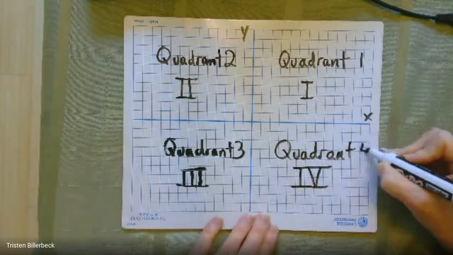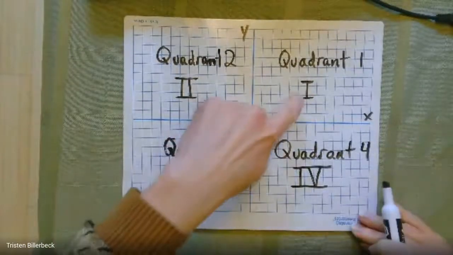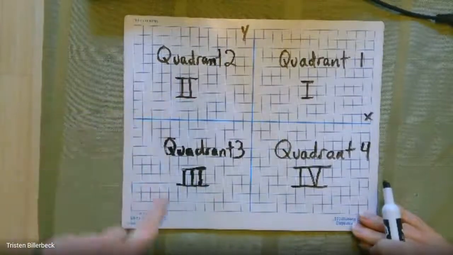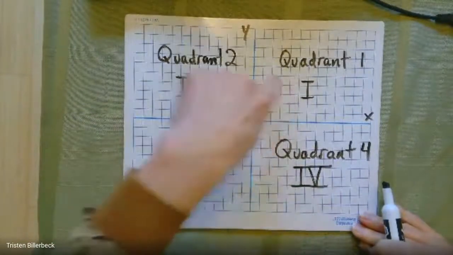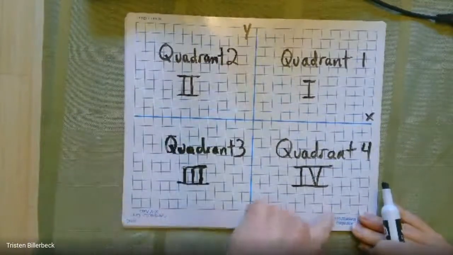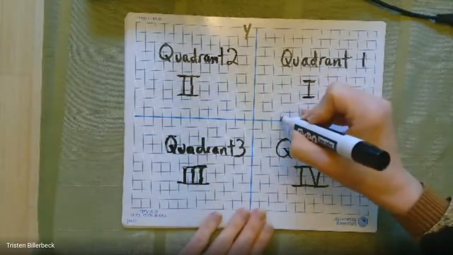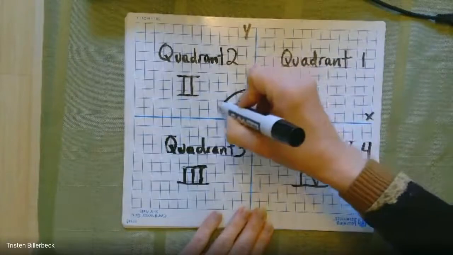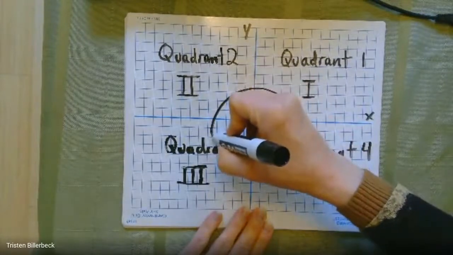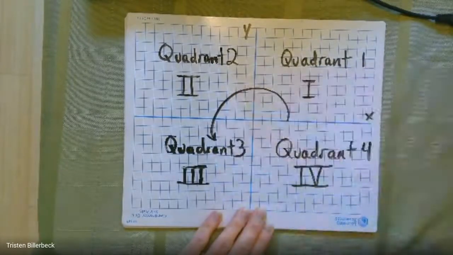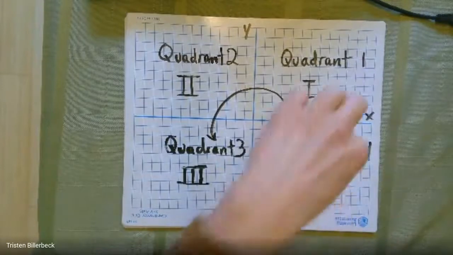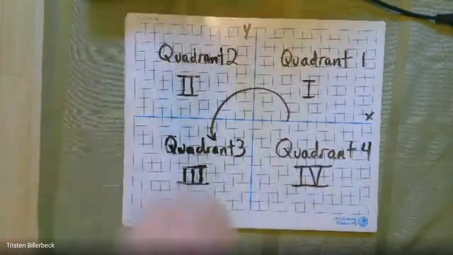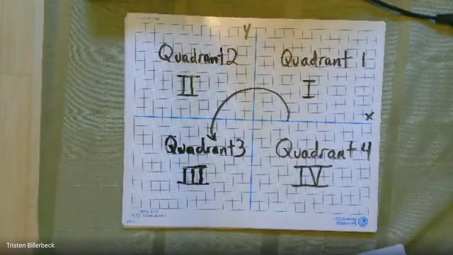Normally we denote the quadrants with Roman numerals, and it goes counterclockwise because when we usually spin, we spin from this direction. When we do angles, we go around this way. That's why we do the quadrants in this direction as well.